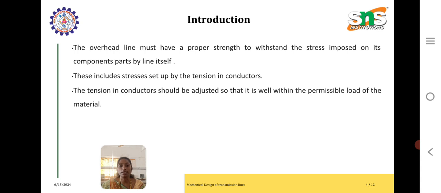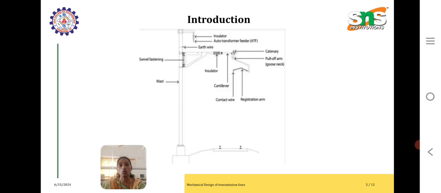The stress created by its own weight should be properly withstood. This includes stresses set up by the tension in conductors. The tension in conductors should be adjusted so that it will be within the permissible load of the material. This is the basic introduction before we go into the main part.